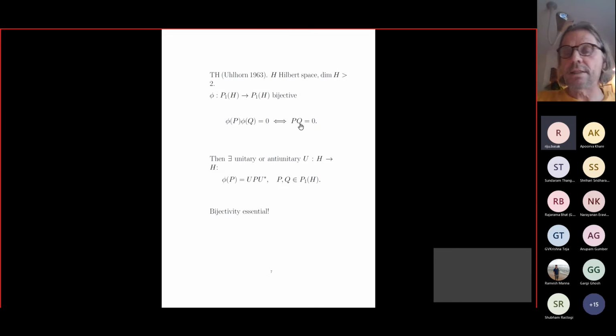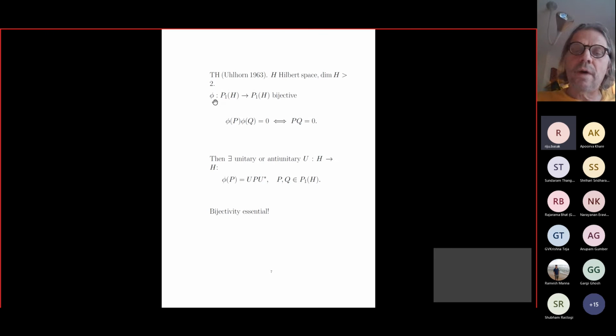And if orthogonality is preserved, then it's very easy to see that this map satisfies all the conditions of the fundamental theorem of projective geometry. So you just apply the fundamental theorem of projective geometry, and then you have a little bit of technical work, maybe 5 or 6 lines, and you are done.